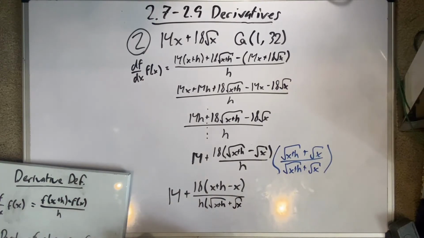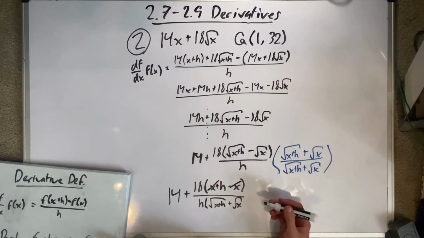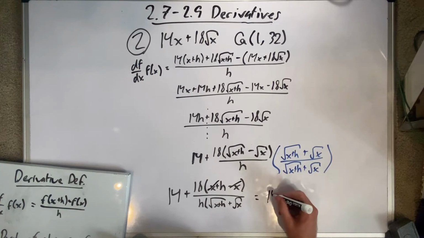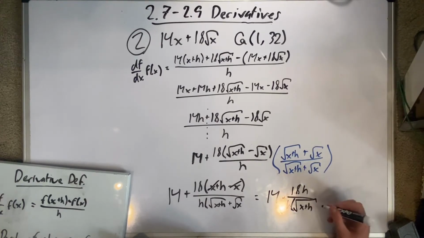Okay, now these two x's cancel. You're left with 18 times h. So this here now is equal to 14 plus 18h over h, and then x plus h plus rad x.